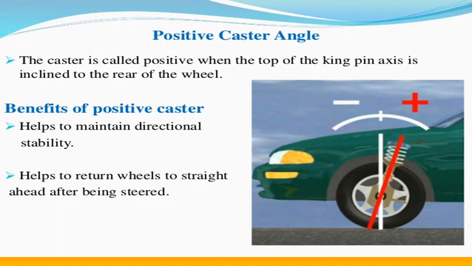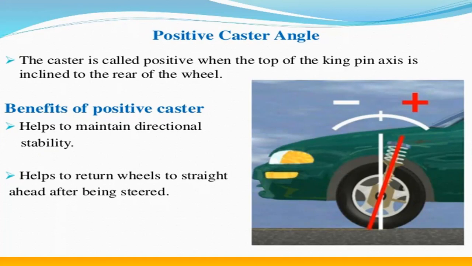So what are the benefits? It helps to maintain directional stability, the correct stability of the vehicle. The positive caster angle also helps to return wheels to straight ahead after being steered.